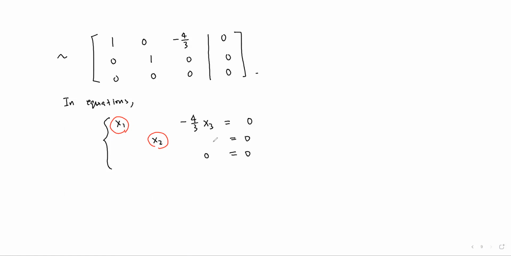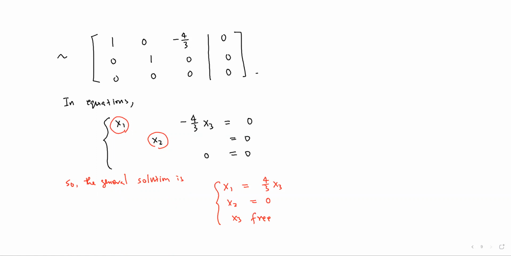Solve this linear system for basic variables in terms of free variables to get the general solution. General solution means all solutions. So the general solution is x1 is 4/3 x3, x2 is 0. Then how about x3? Arbitrary, free.